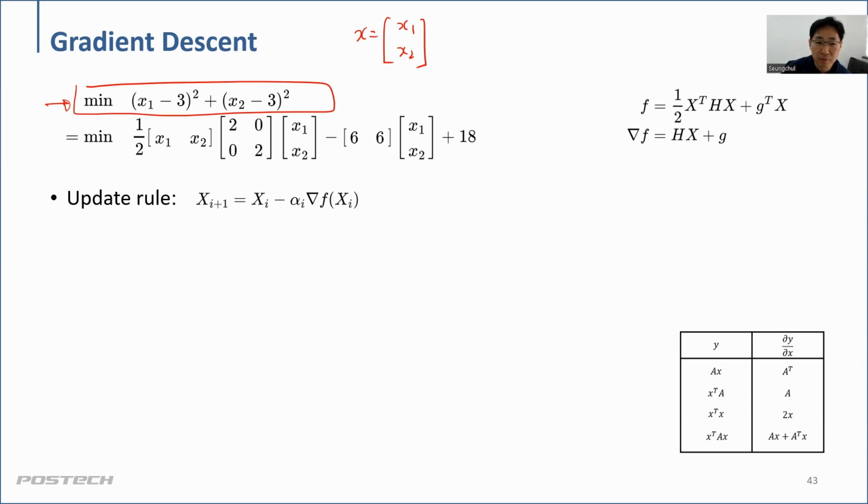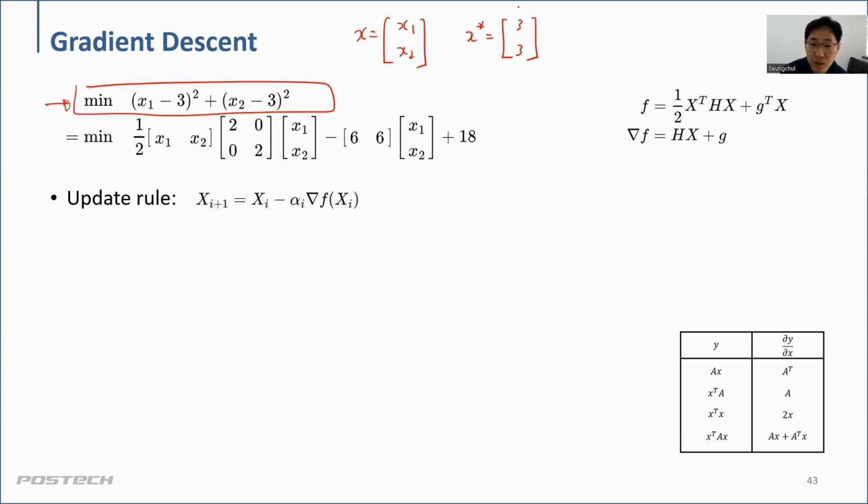So we can have zero as a minimum point. So the optimal solution is... right? I mean, this is too obvious. I intentionally picked these problems.